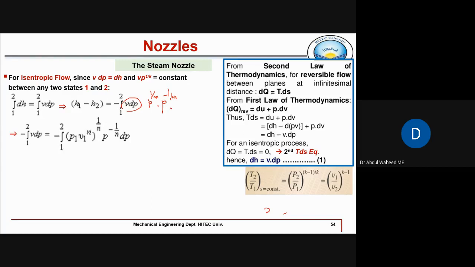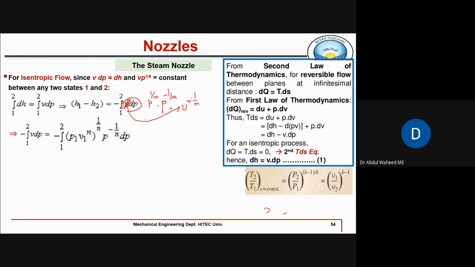Now let's introduce one more thing: V to the power n into 1 over n. This V you can write like this: V to the power n into 1 over n. So I deleted this V from here.